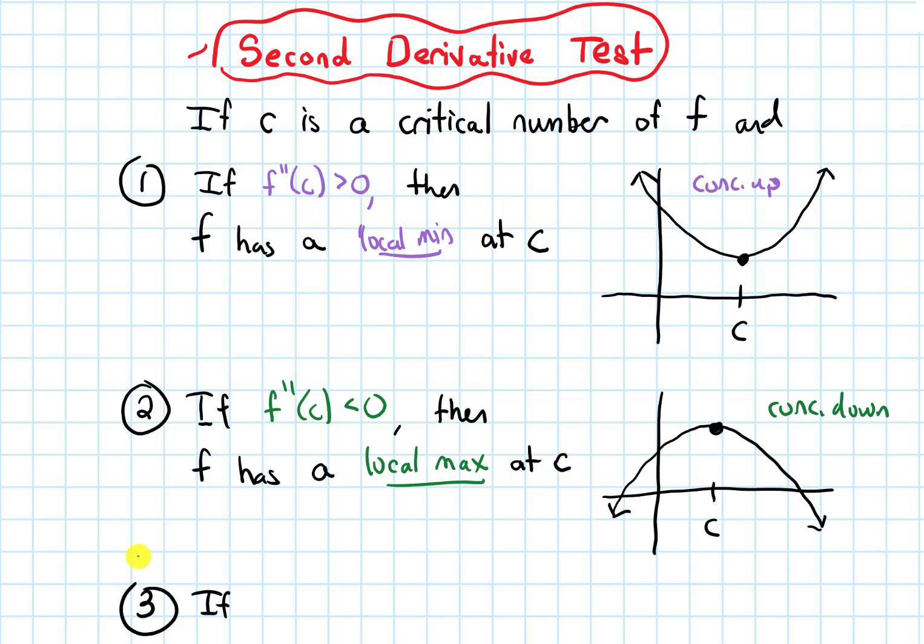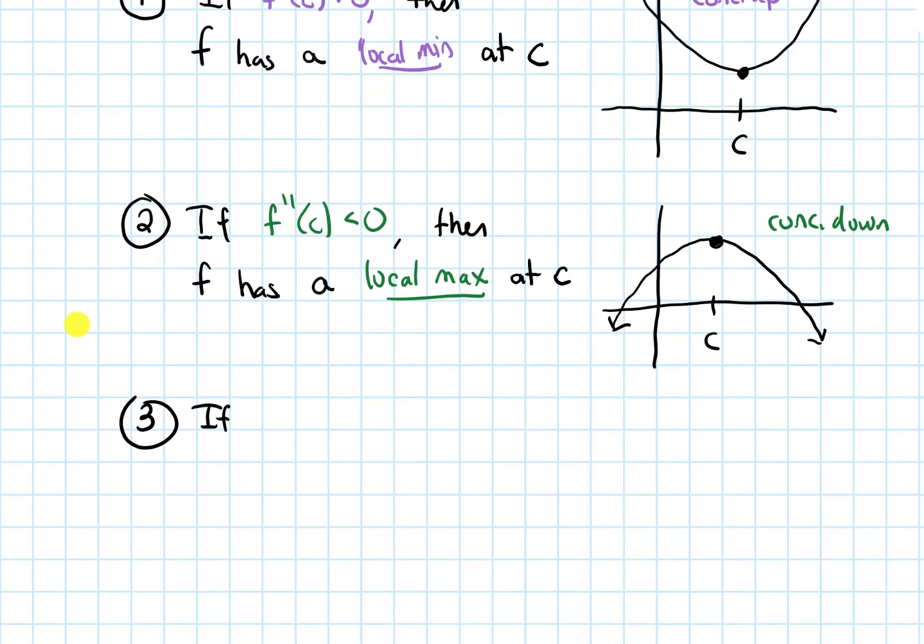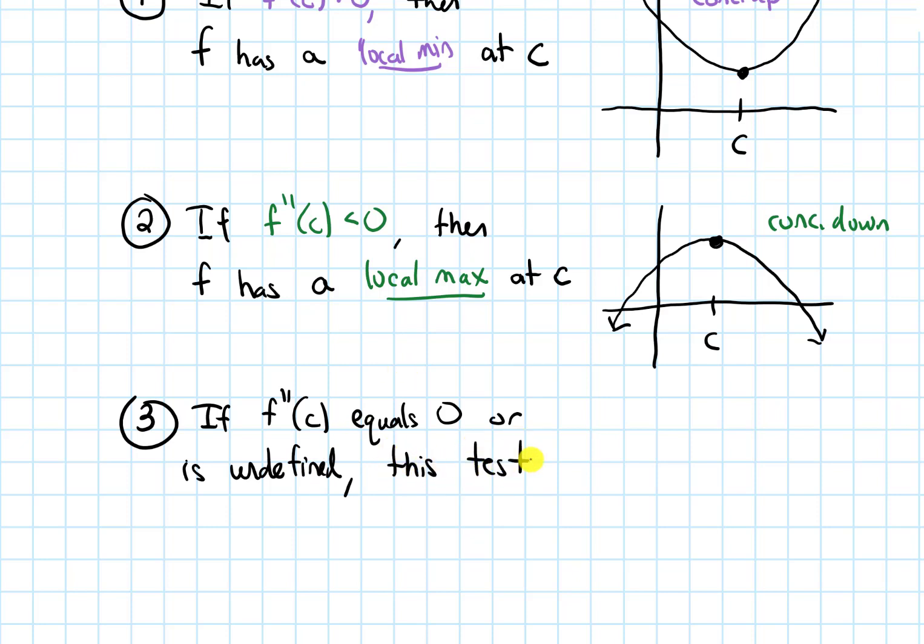Okay, and the third and final situation is, what if the second derivative at c either equals 0 or is undefined? So those are the only other possibilities. So if those happen, this test, which is called the second derivative test, is inconclusive, which means it doesn't give us any information.